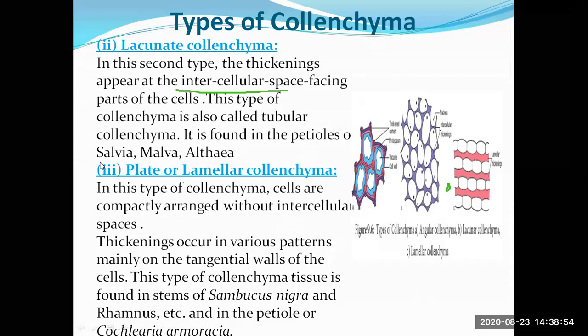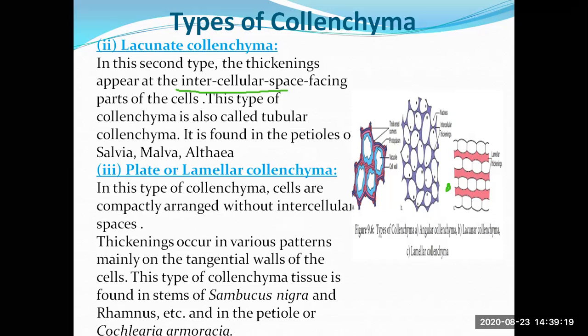These are the examples: Salvia, Malva, a Malvaceae member, Althaea rosea, and also aerial roots of Monstera. So just remember these four examples.